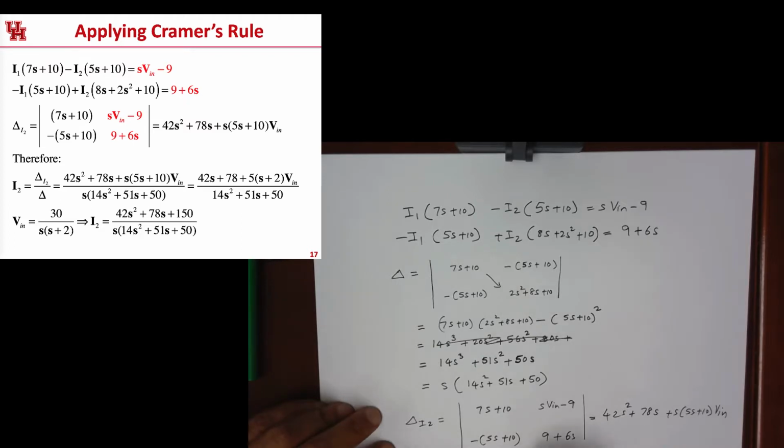If we do that, then we get the final answer that's seen on the slide on your left, which is 42s plus 78 plus 5 times (s plus 2) and so on. Now, if we actually plug in the Laplace transform for Vn, remember Vn was what?